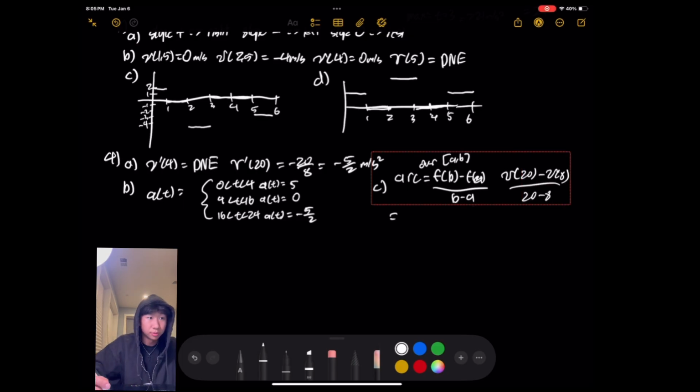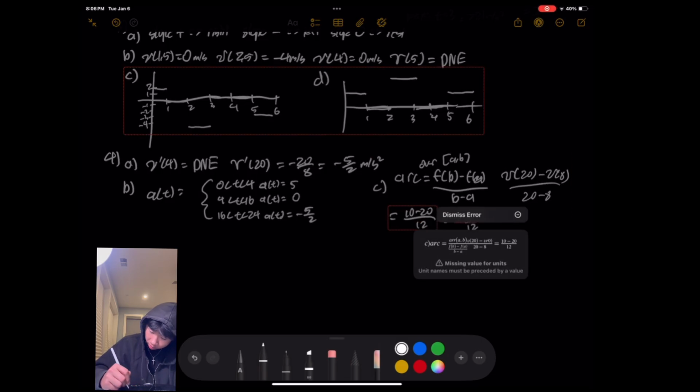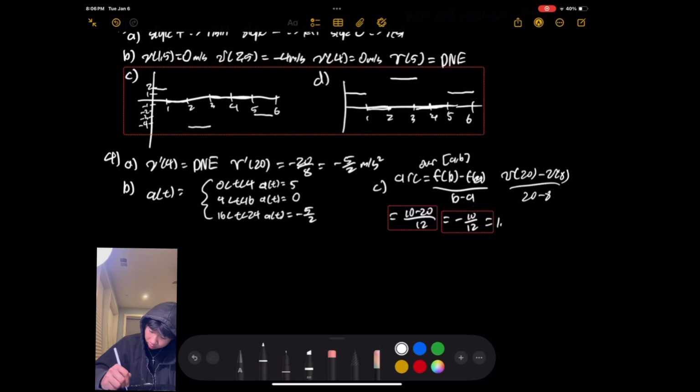And this is equal to 10 minus 20 over 12, which equals negative 10 over 12, which equals negative 1.2. Okay. This is interesting.